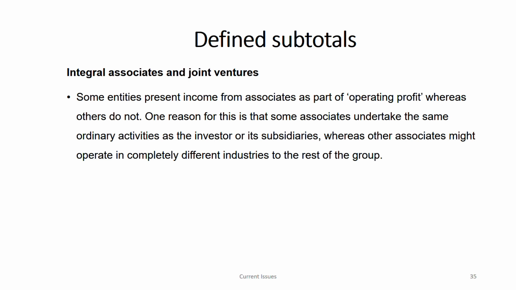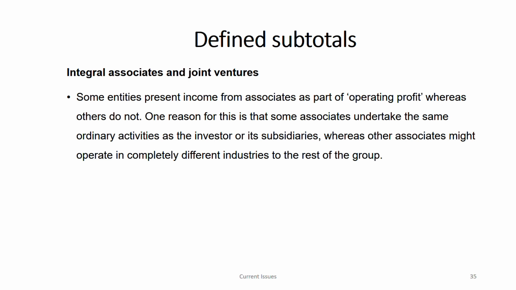Sometimes they don't. So when they take a similar activity as the investor or the subsidiary, for example, let's say you as a parent are in the construction industry and your associate is also in the construction industry, then it is known as an integral associate. Integral means part of it.